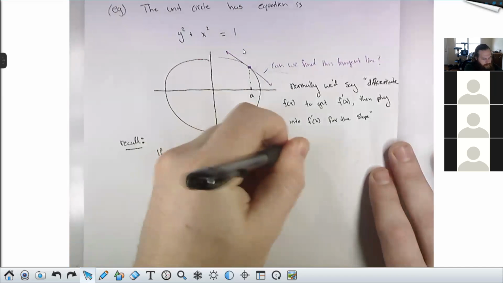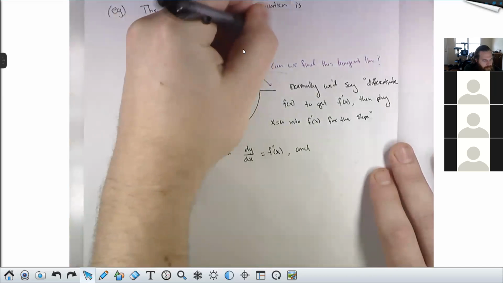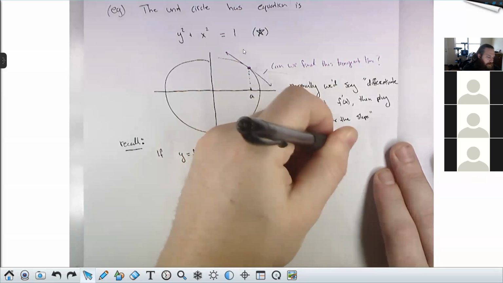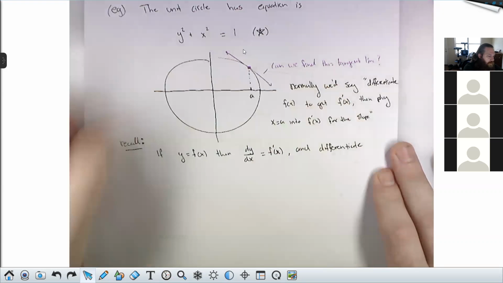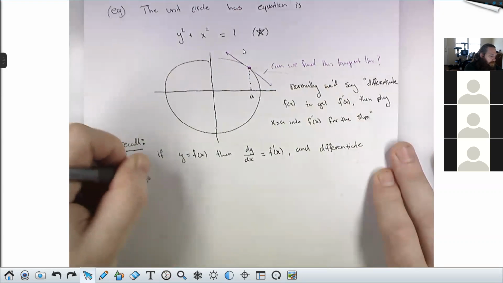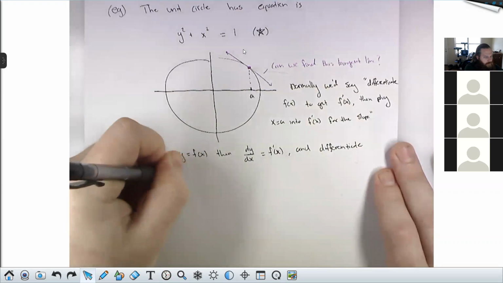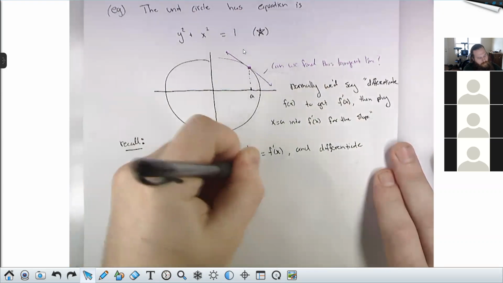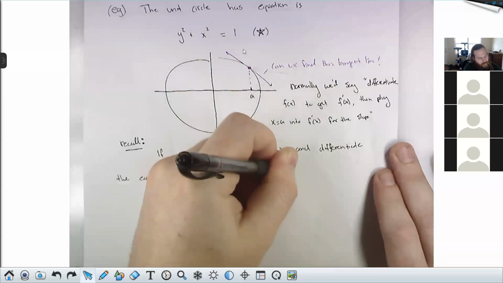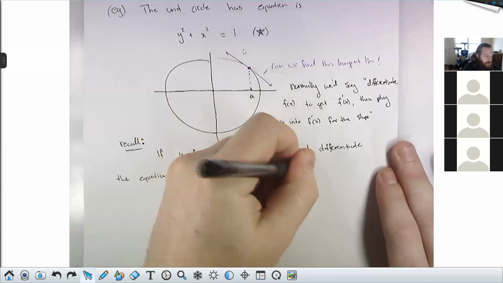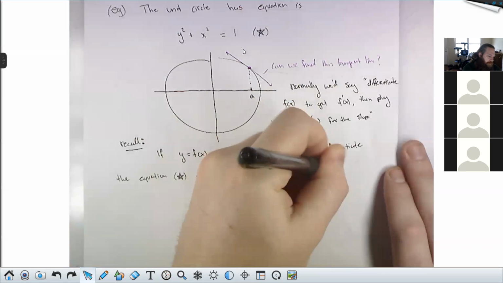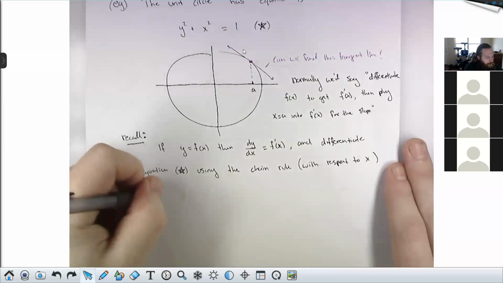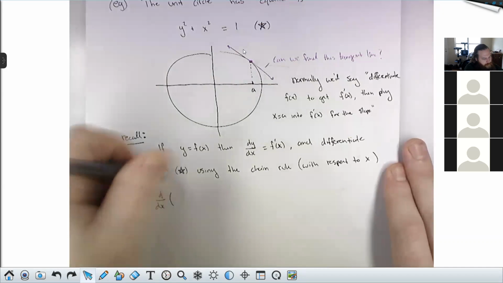I'll call this equation up here star, and differentiate the equation star using the chain rule with respect to x. What I mean by that is I'm going to apply the operator d dx to both sides.